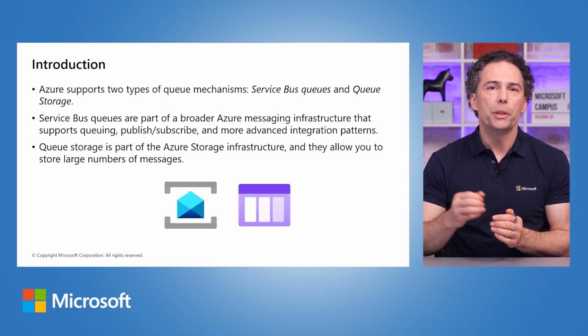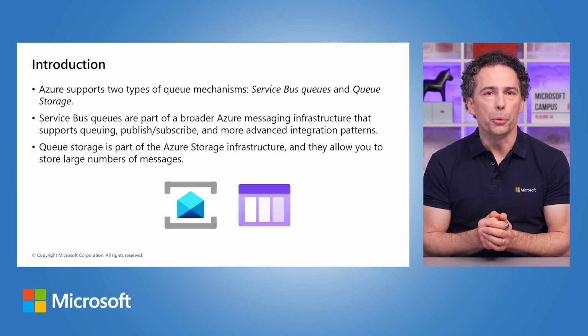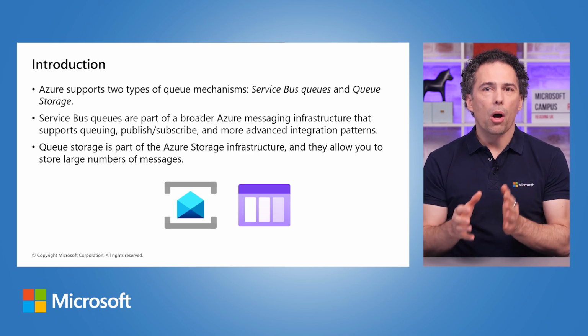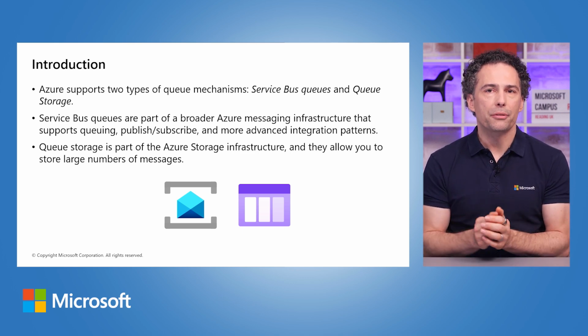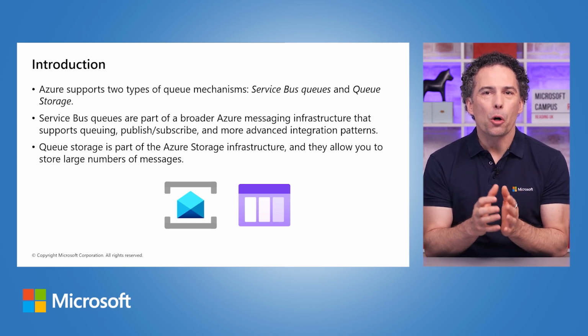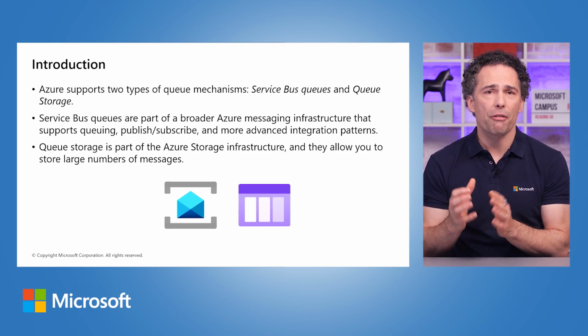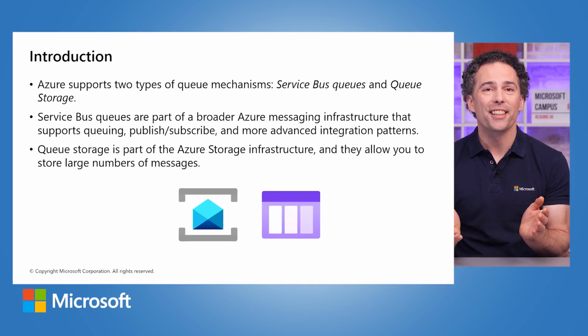Azure supports two types of queue services: Queue Storage and Service Bus Queues. Queue Storage belongs to the Azure Storage Platform. It lets you store many messages. A queue can hold millions of messages up to the total capacity limit of a storage account, which is a lot.